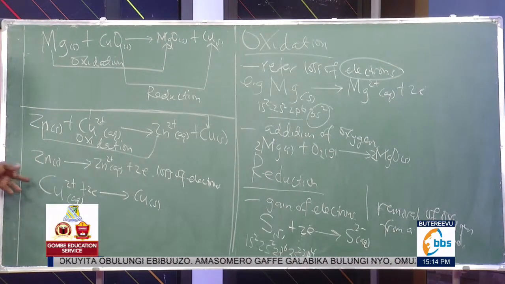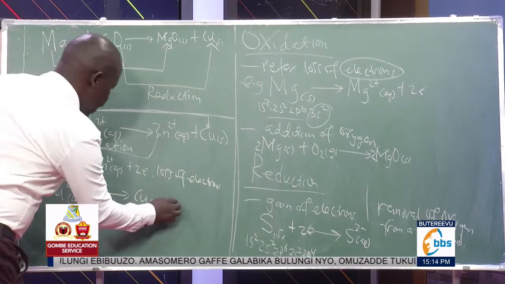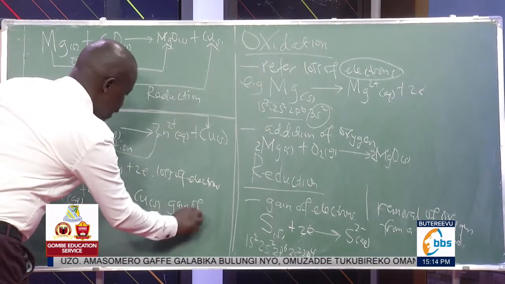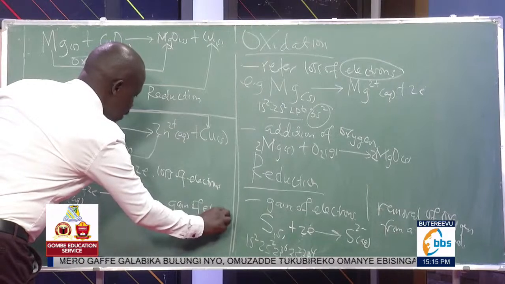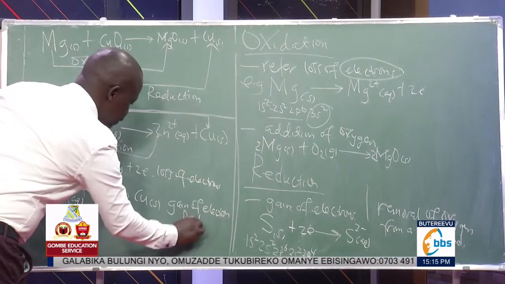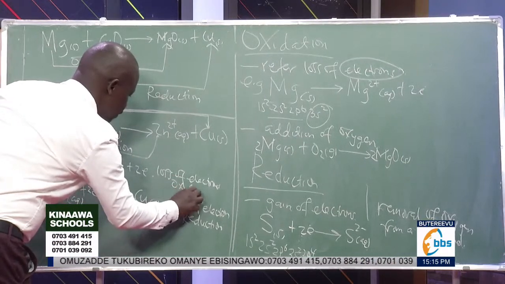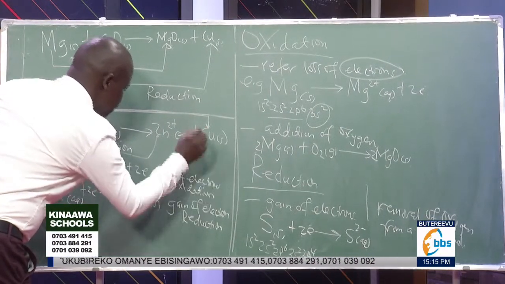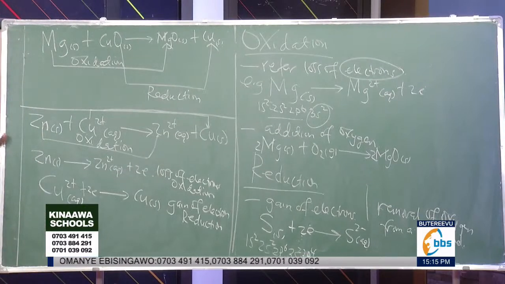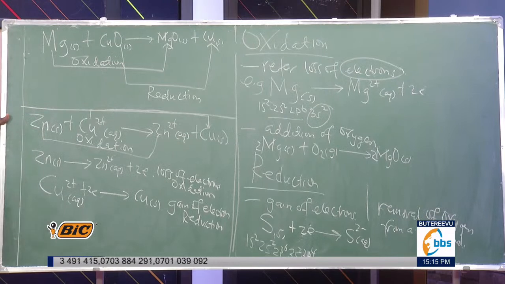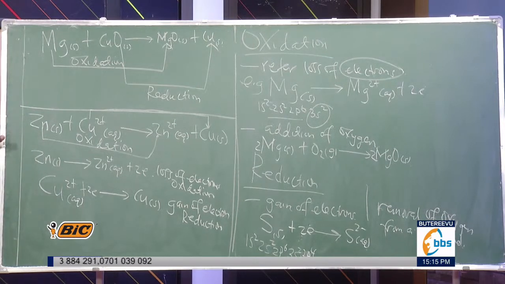We are gaining electrons. Now the gain of electrons is called reduction. Loss is called oxidation. So you can clearly see that in this reaction, we're having both oxidation and reduction taking place, and therefore it's called redox reaction.